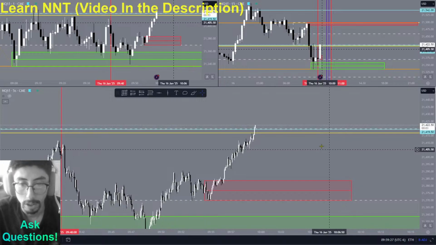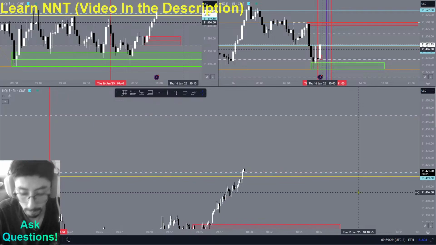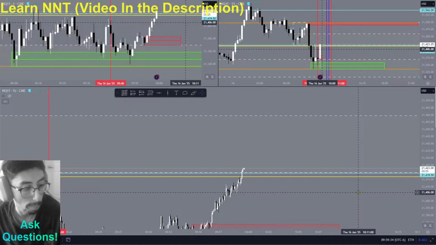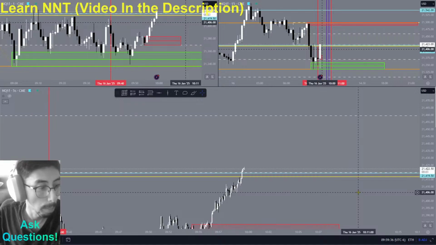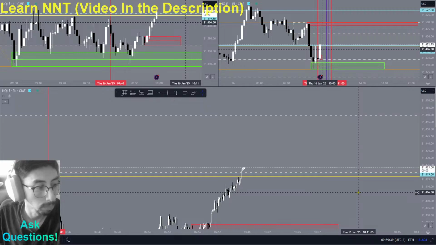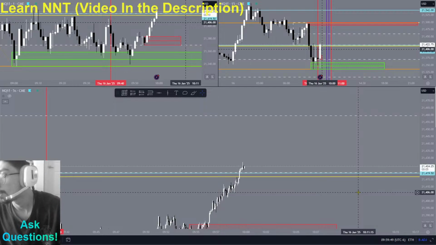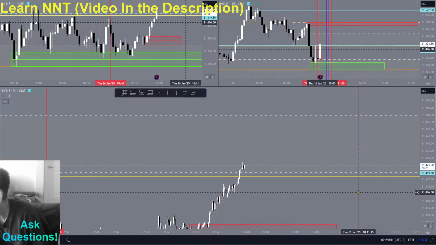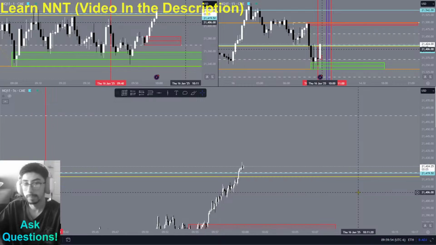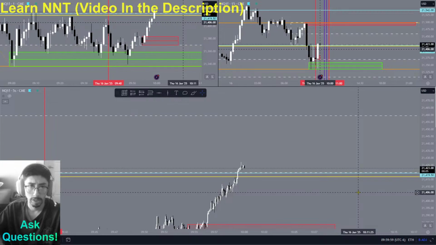Okay, so we're pushing to the zone. I'm expecting us to dump very soon. We just entered the 15-minute zone.